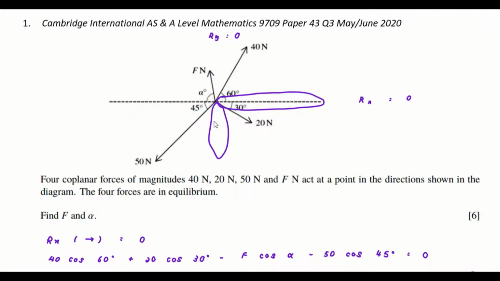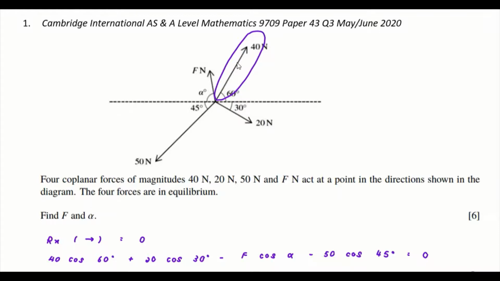So if we imagine resolving our forces here in the direction of 40 Newton, then if these forces are in equilibrium, there will be an equivalent force on the opposite side of this 40 Newton as well.